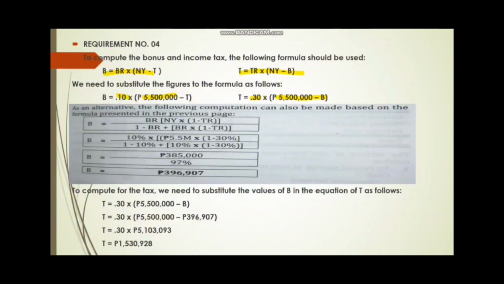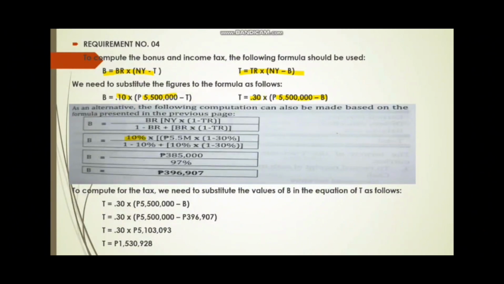As an alternative, the following computation can also be made based on the formula presented in the previous page. We have here the bonus rate times NY times 1 minus tax rate, over 1 minus bonus rate plus bonus rate times 1 minus tax rate.